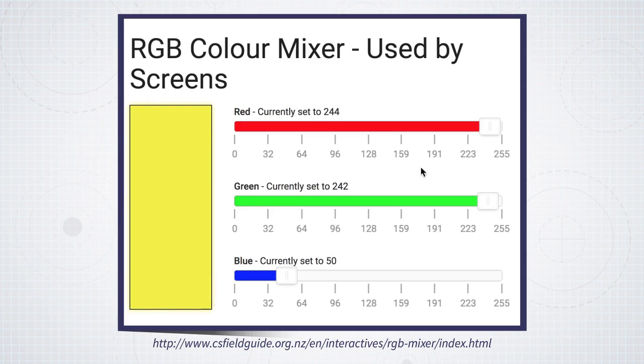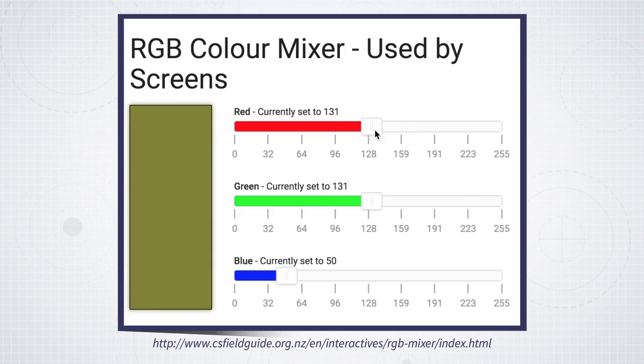First of all, I have to know that yellow is obtained by having roughly the same amount of red and green. If I have too much green or too much red, I don't get yellow, I get different colors. So I have to know that I have the same amount of red and green. And if I want to change the intensity, I have to change the intensity of these two values at the same time, which is not necessarily natural.